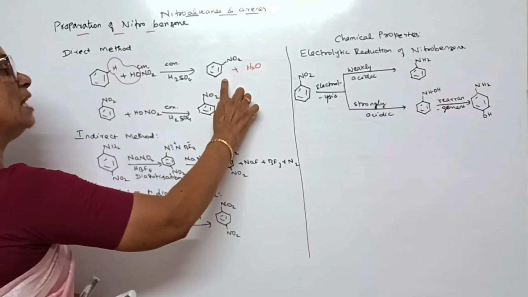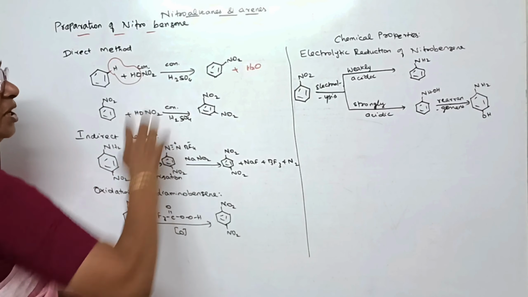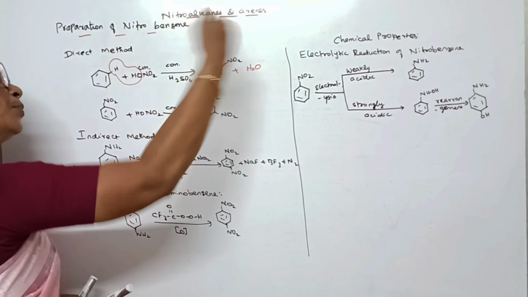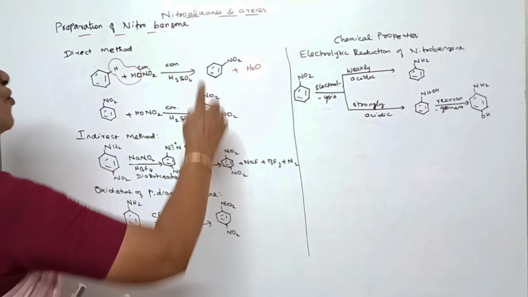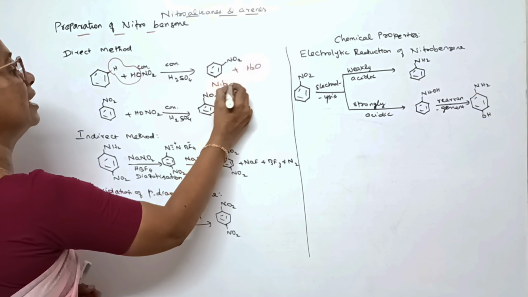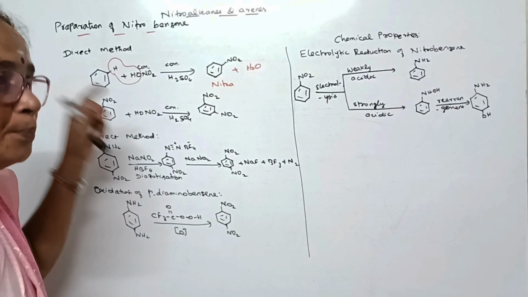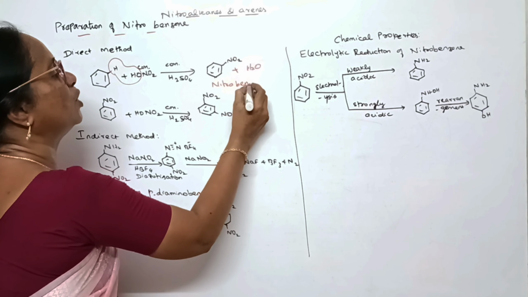Suppose the nitrobenzene is further nitrated, because we have taken the mixture, it can proceed to further nitration of nitrobenzene. So when the nitrobenzene produced is nitrated further, we are getting meta-dinitrobenzene. Why are we getting meta-dinitrobenzene?